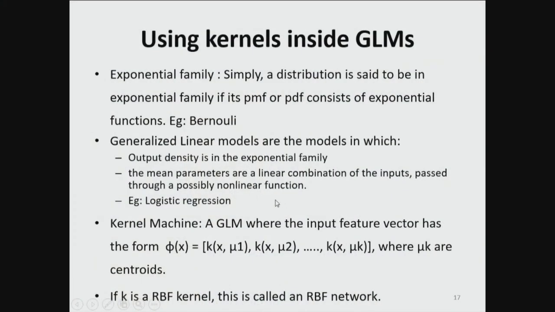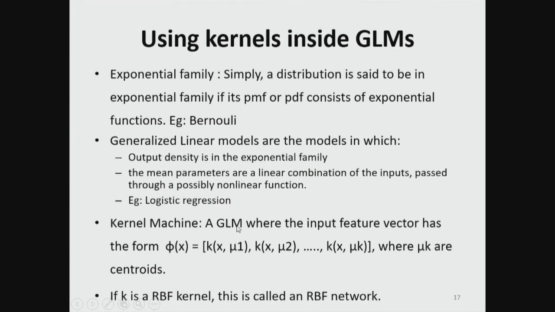Then we come to what is called the kernel machine. A generalized linear model means two things are satisfied: the output density is in the exponential family, and the mean parameter is a linear combination passing through some non-linear function.